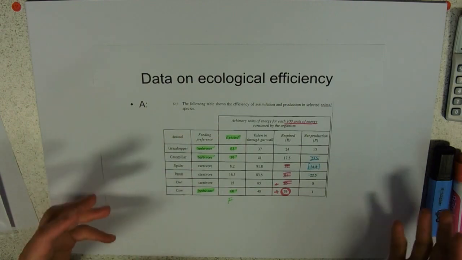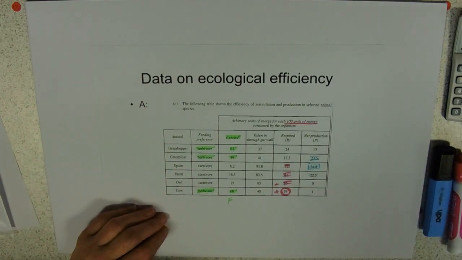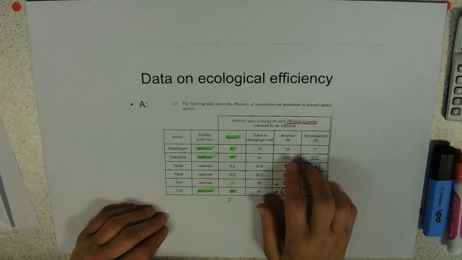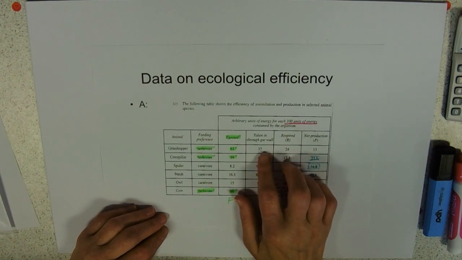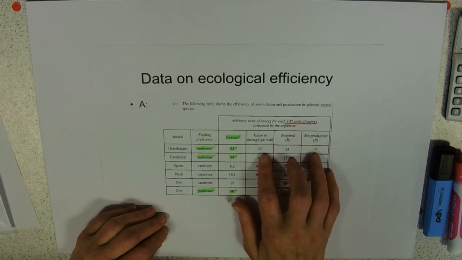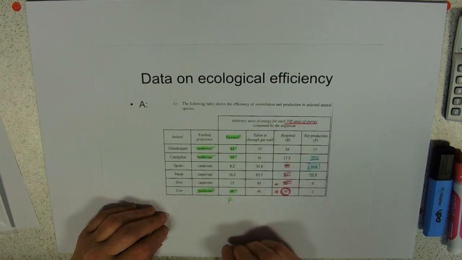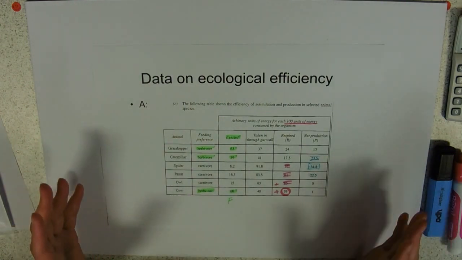They might ask you to calculate a bit of efficiency, of the food that they've taken in, how much of what they've taken into their cells has been respired, or what percentage has gone into productivity. But don't be overfaced.